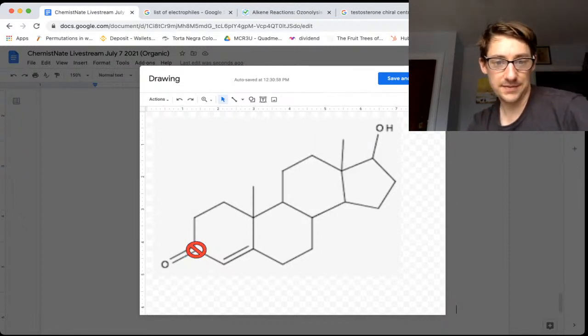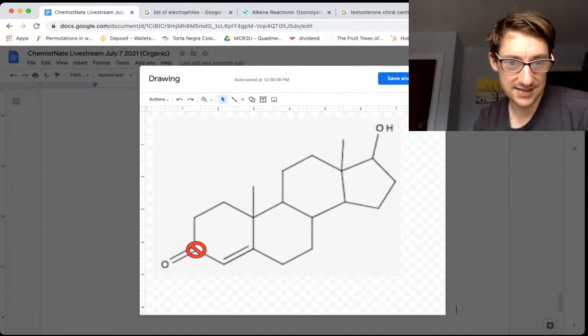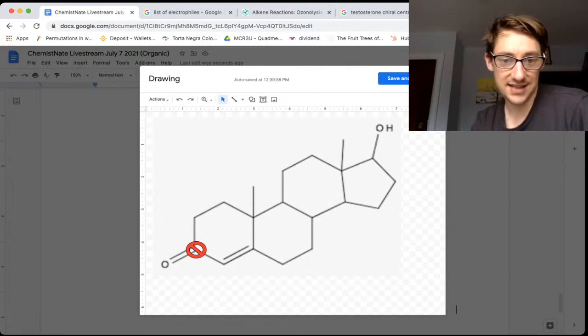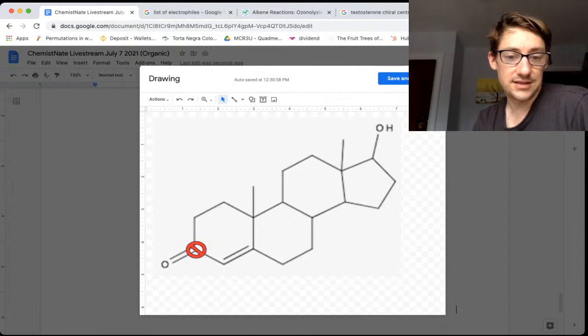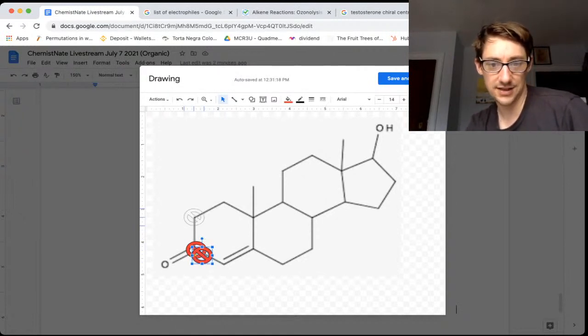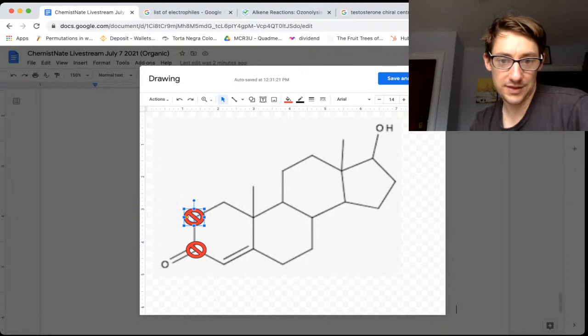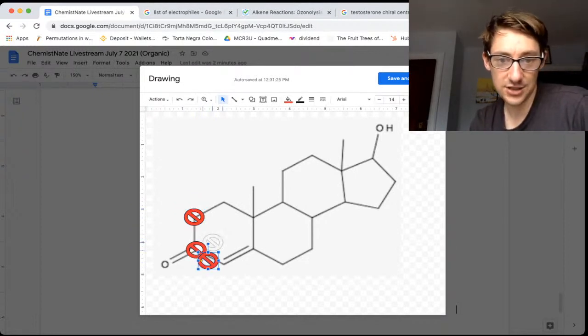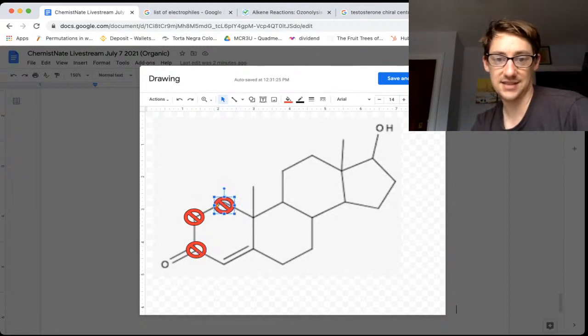This carbon is connected to a CO and a CH2, but it has 2 H's on it as well. Those H's are not shown, but it is connected to them nonetheless. So it is not a chiral center either. Again, with this carbon, it is connected to 2 H's. The H's are not shown, but it is connected to them.